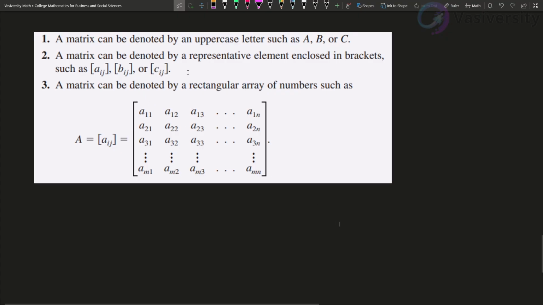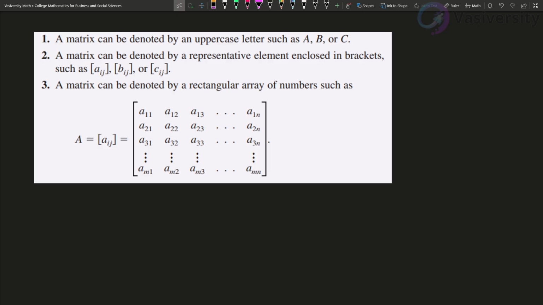A matrix can be denoted by a representative element enclosed in a bracket, like this, where i and j mean the row and column. And a matrix can be denoted by a rectangular array of numbers, such as we did in the matrix system of equations. Okay, so equality of matrices.